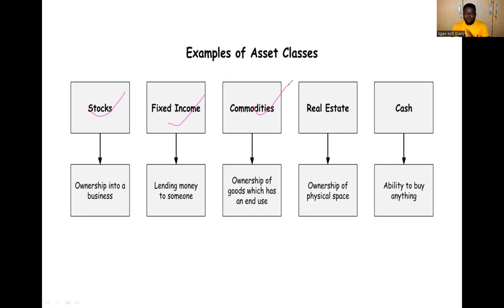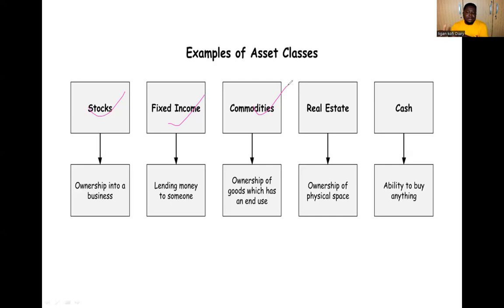It's all investment. All these asset groups are investment asset groups. So you can choose to go into the commodity asset group. That is ownership of goods, which has an end use. Maybe you can choose to buy bags of rice, maybe at a cost of $1 per bag, with the hope that by December 2024 or December 2025 or whatever year you might be watching this video, the $1 bag of rice will increase to maybe $1.50 or $2.